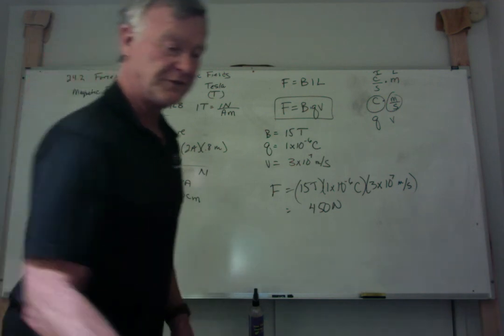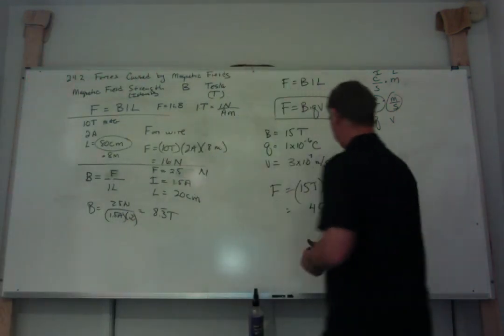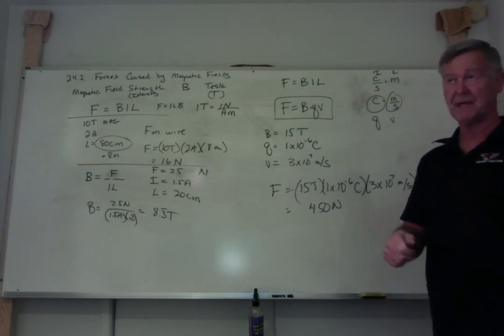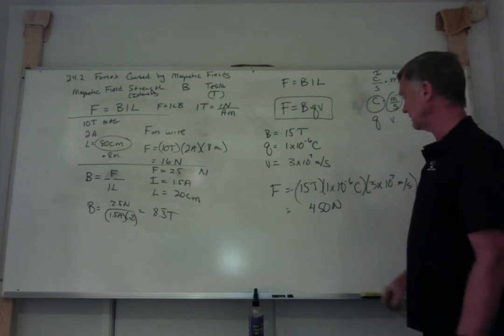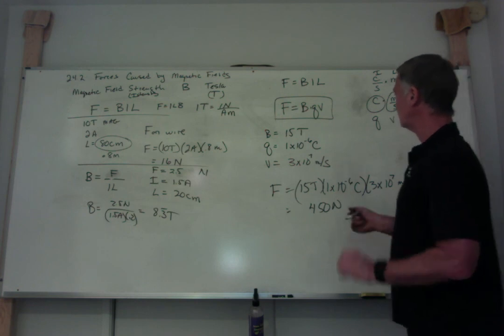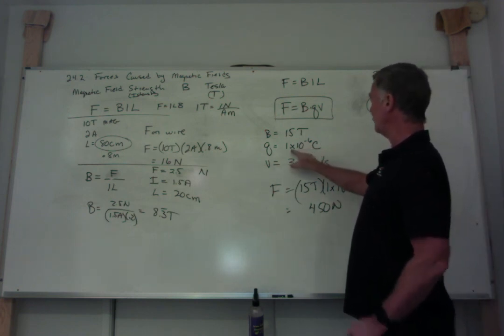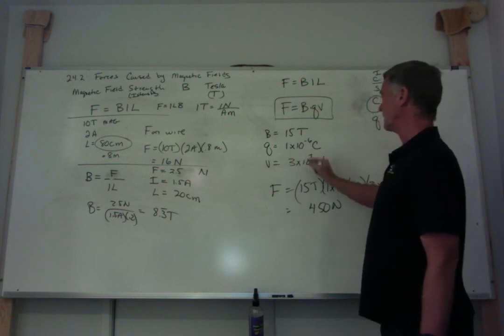Yeah, 450 newtons. By the way, that's very unrealistic. You have 450 newtons on a little particle. The acceleration would be faster than, well, this is a bad problem, the way I have it set up. Well, this would be actually a lot of electrons.